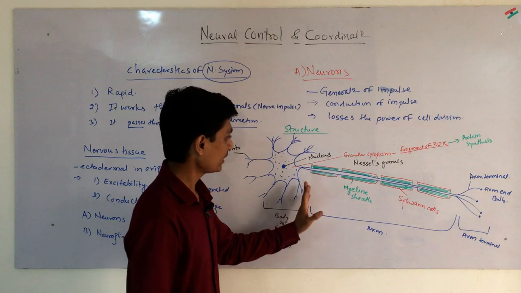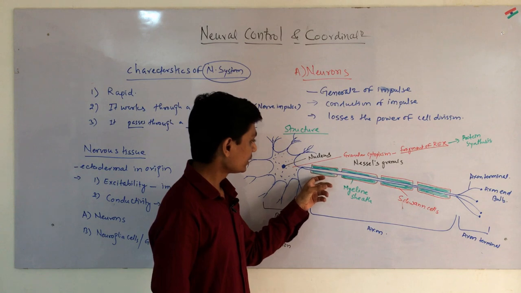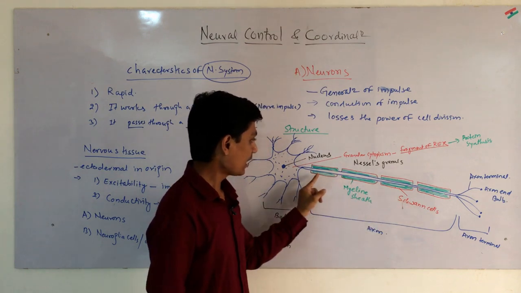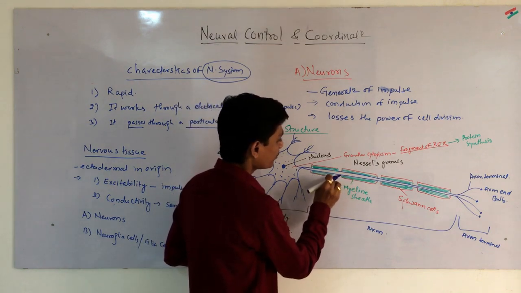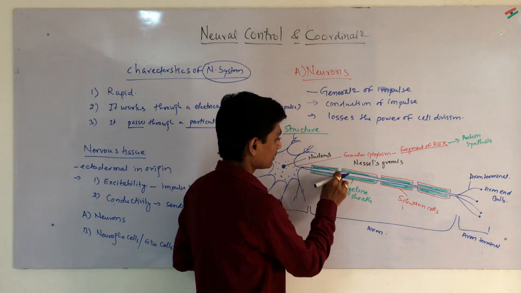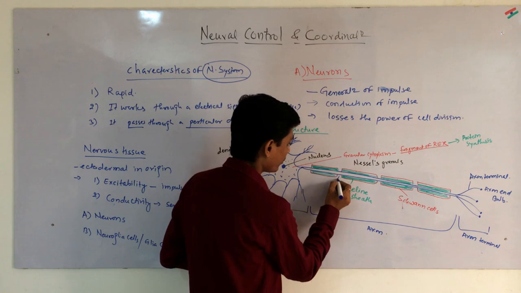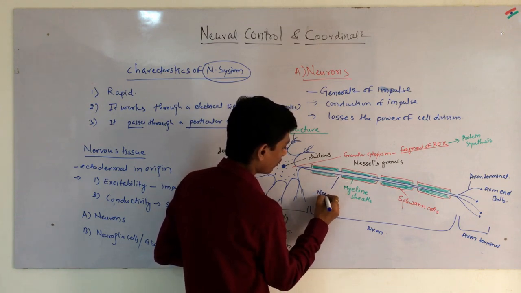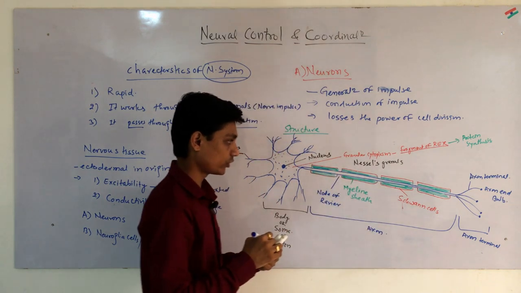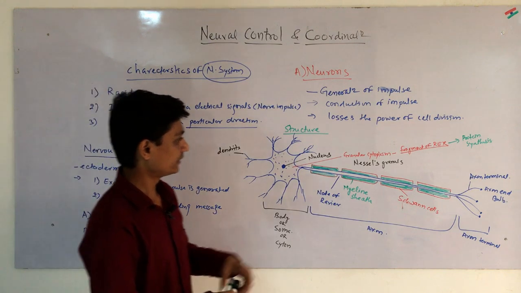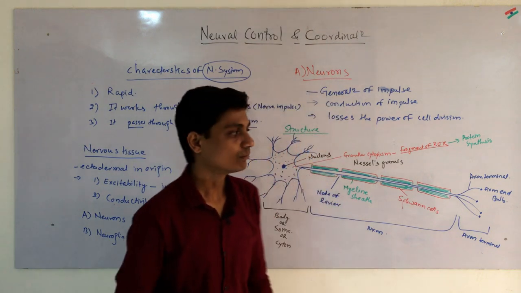Then the axon part, the axon is covered by a secretion secreted by the Schwann cells, and another part we forgot to draw, where the deposition of myelin sheath is not there. Some parts are there where the myelin sheath is not deposited. That portion is known as the node of Ranvier. And the last part, the axon terminal, ends with an axon end bulb.